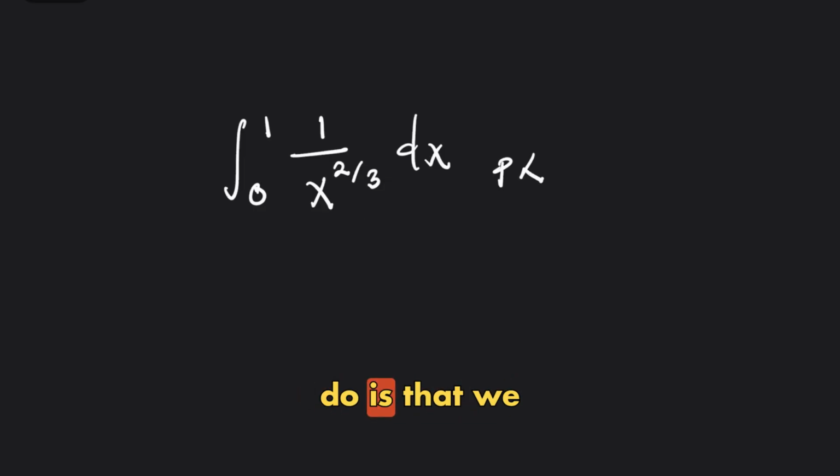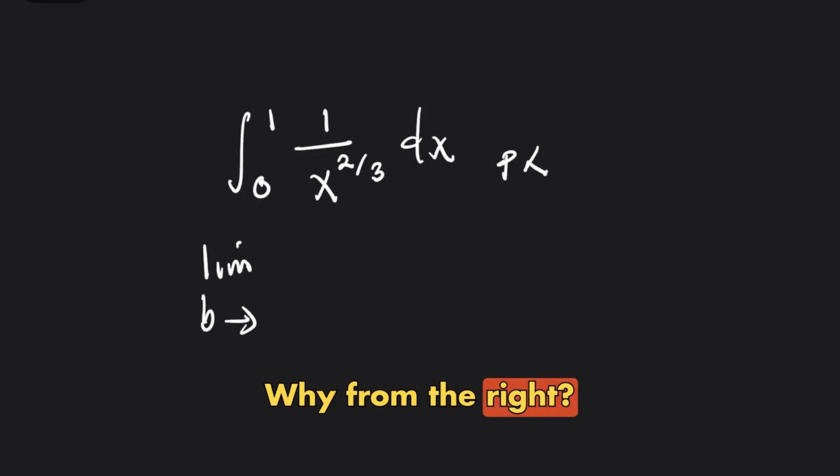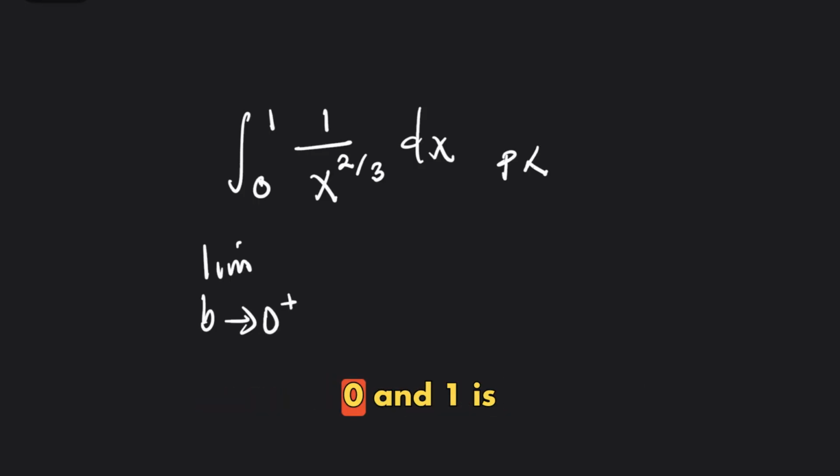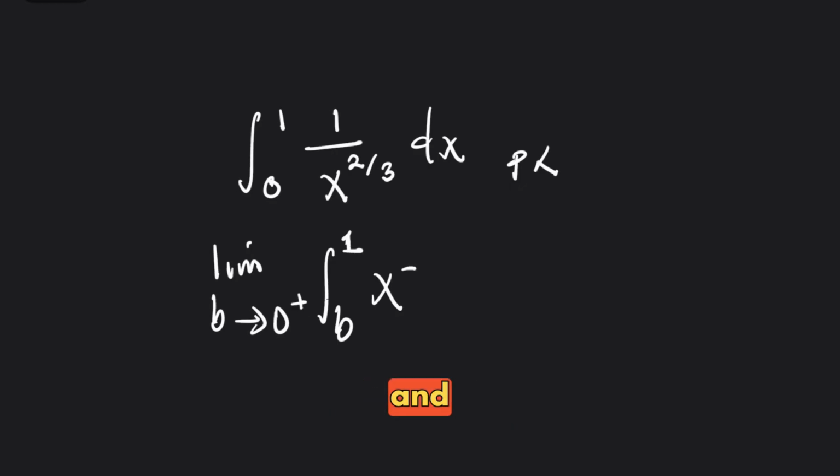So what we're going to do is find the limit as, say, b goes to 0 from the right. Why from the right? Because everything between 0 and 1 is good, except when we are approaching 0 from the right. Where there's 0, we put b and 1 remains. So I can write x to the power negative 2 over 3, and this is with respect to x.